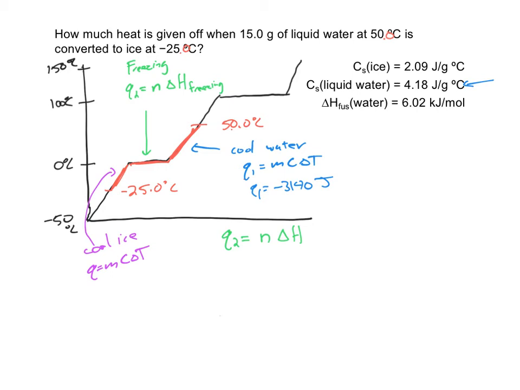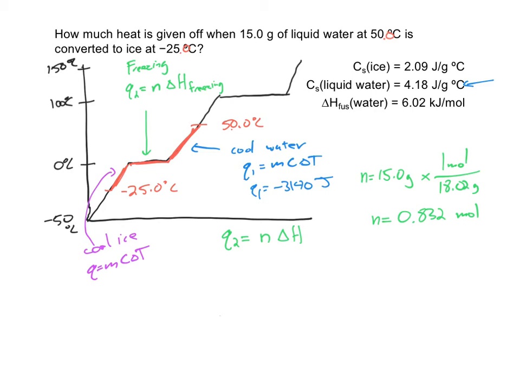So first let's get the moles. So I have 15 grams. The molar mass of water is 18.02 grams per mole. And so I have 0.832 moles of water.